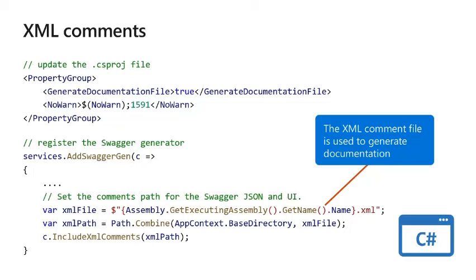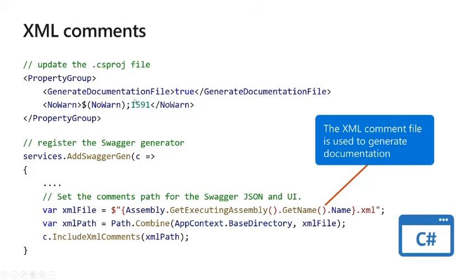XML comments. XML comment generation must first be enabled in Visual Studio by editing the .csproj file. Next, you can update the Swagger configuration by using IncludeXmlComments. So XML comment generation must first be enabled in Visual Studio by editing the .csproj file.